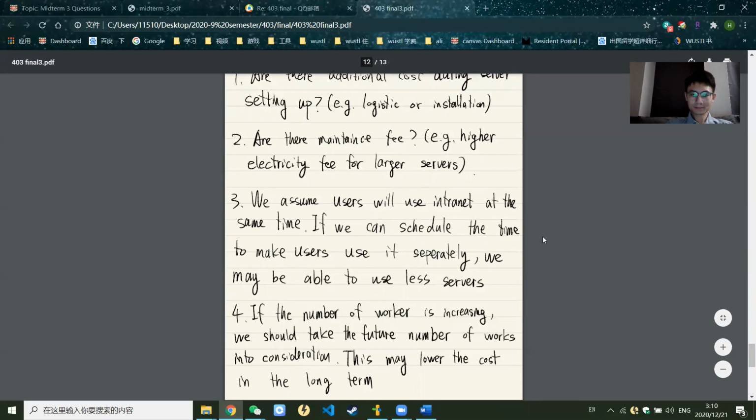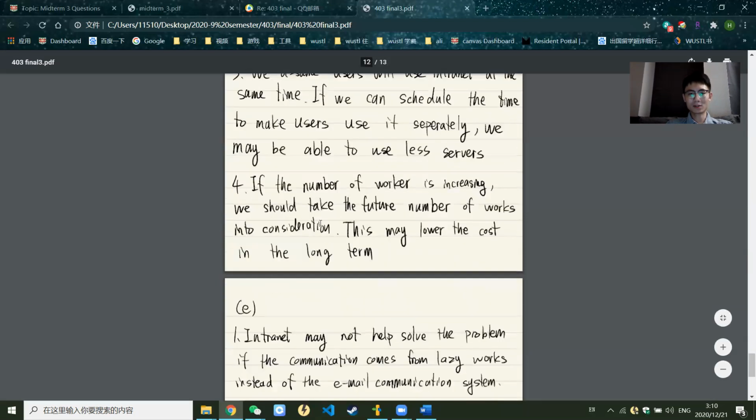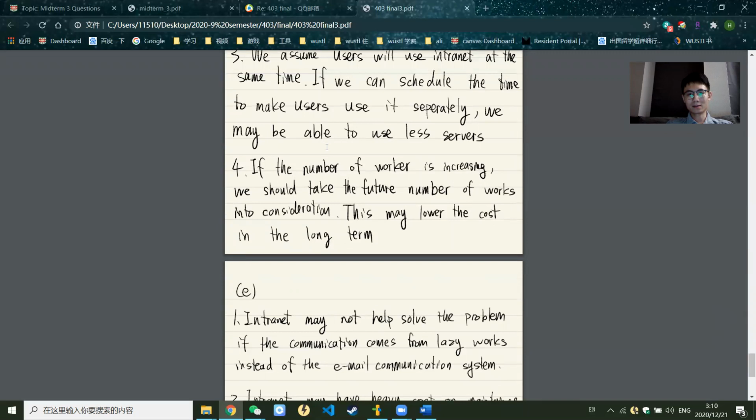And if we can assume that people use the internet at different times, maybe we can save some slots, and maybe we need to buy smaller or fewer servers, if we can keep them used separately. And we should consider whether the workers will be increasing after these 5 months. If they are increasing, then maybe we should buy more bigger servers or servers that have discounts, so that in the long run, this will have a lower cost.